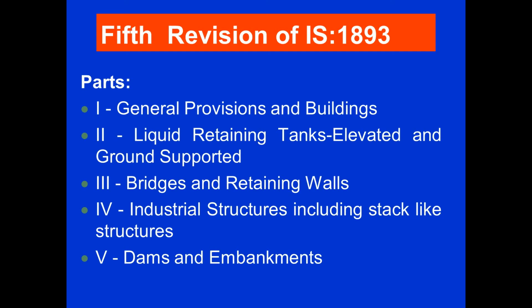Then third is applicable for bridges and retaining walls. Then fourth is applicable to industrial structures like stacks, etc. And part 5 is applicable for dams and embankments. So in future, if you are looking for earthquake design of some special structure, you refer to these codes.